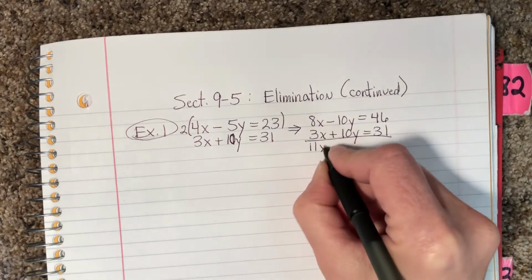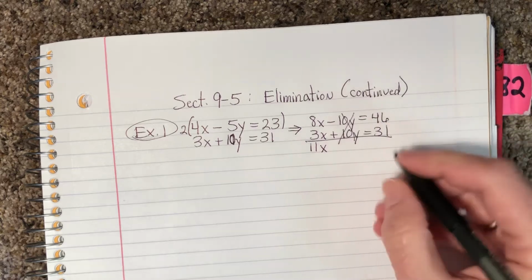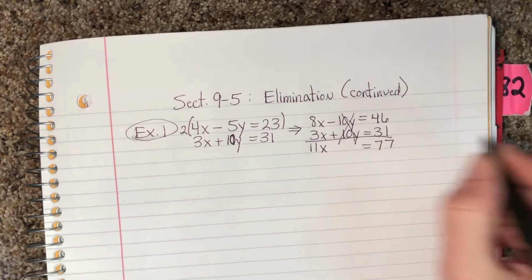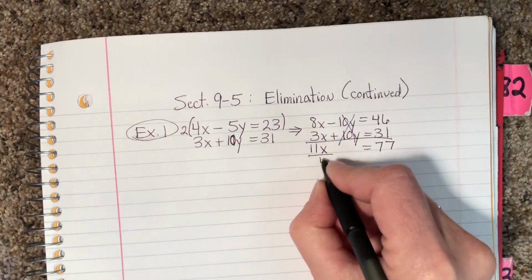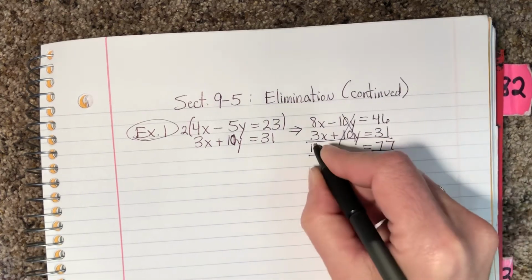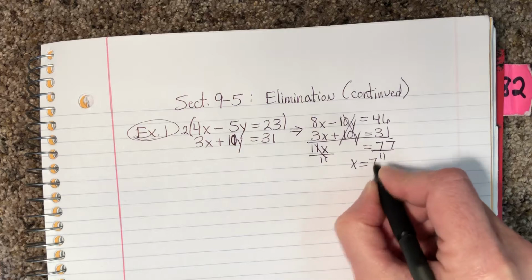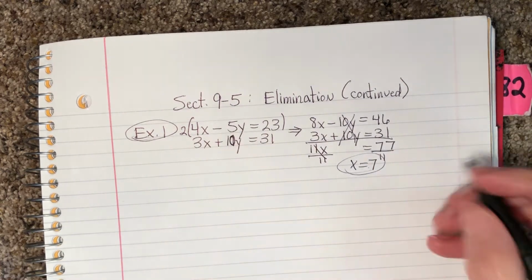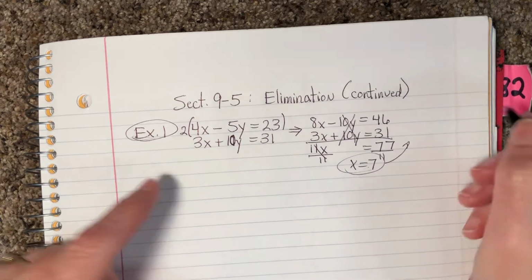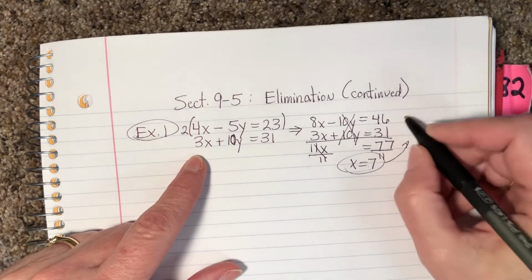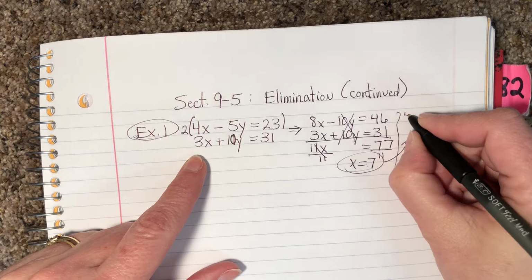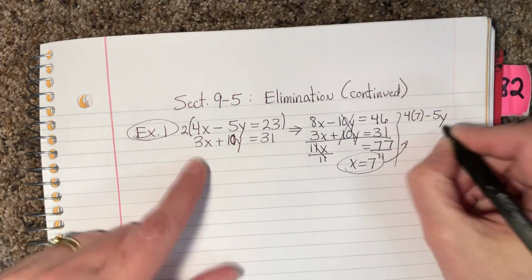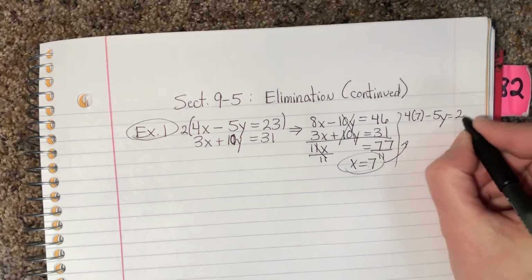This is 11x. These cancel out, and that's going to be a 77. All right, so finish solving for x. X is going to be 7. And then plug the 7 into either of these two equations. And it doesn't really matter. I'll use the first one. 4 times 7 minus 5y equals 23.